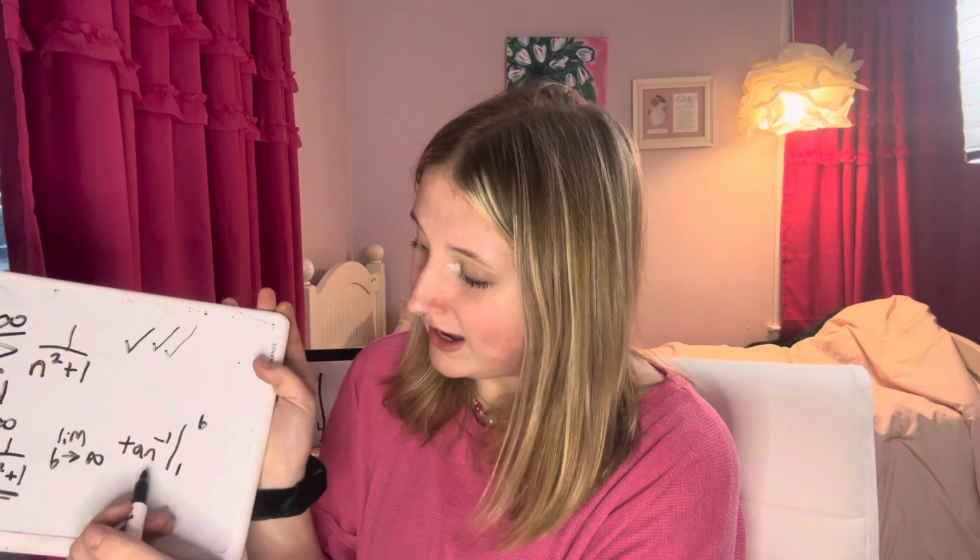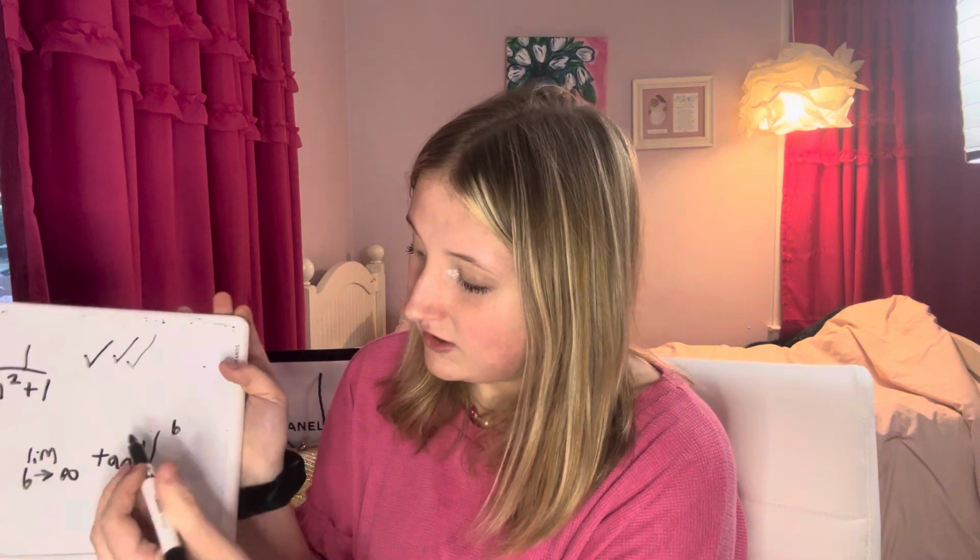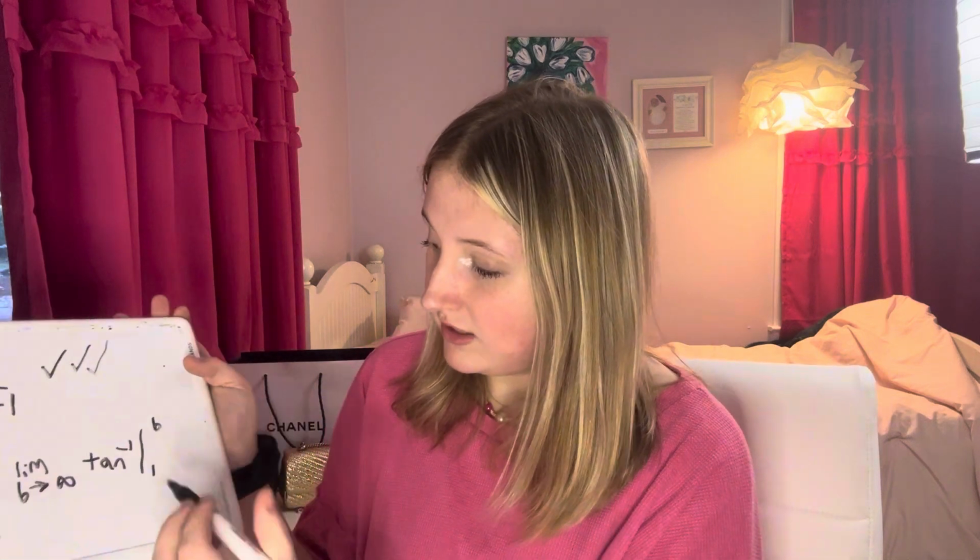So right here we have inverse tangent from 1 to b, and let's go ahead and do that test real quick. So inverse tangent of infinity is just going to be equal to pi over 2.